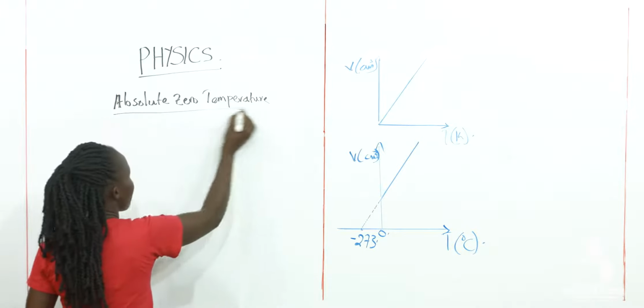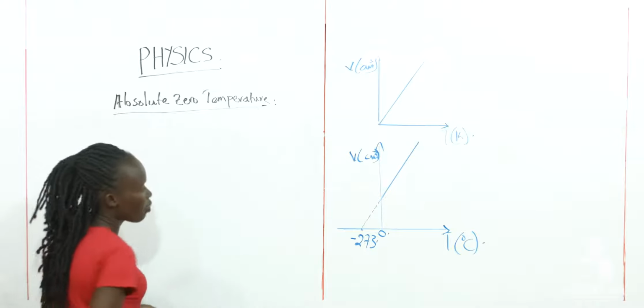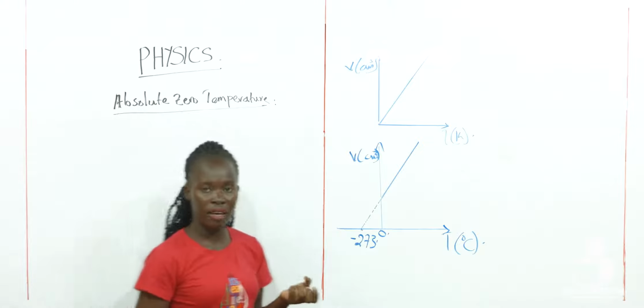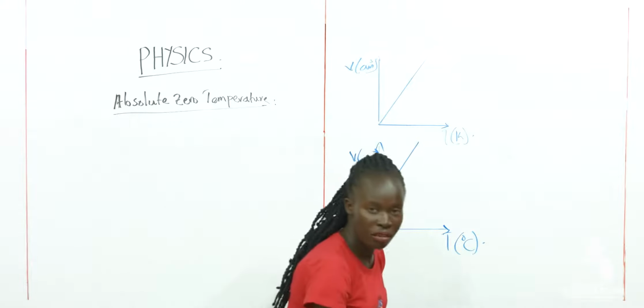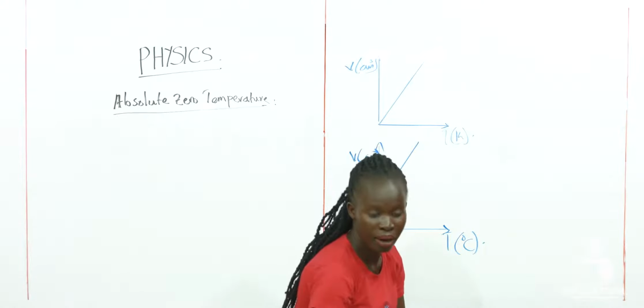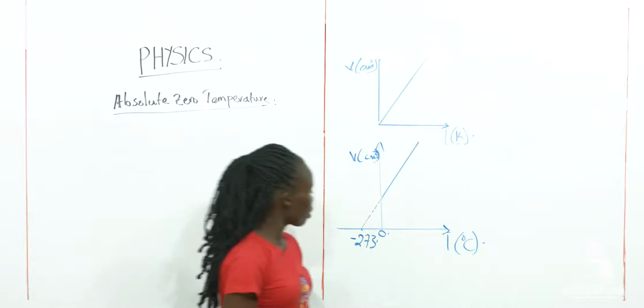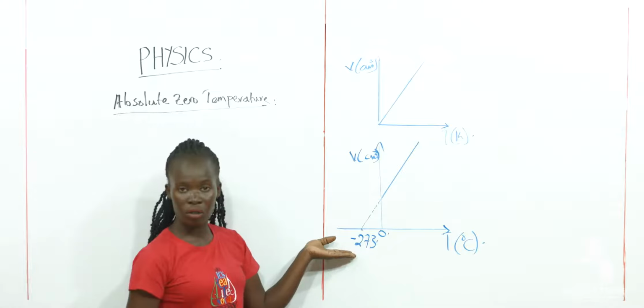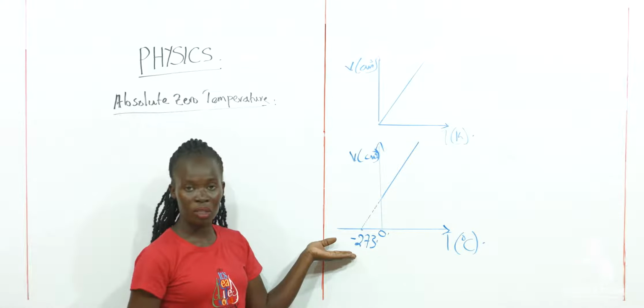What is this absolute zero temperature, and why is it that when you're using the Celsius scale, you do not get a straight line from the origin, but instead you get what is known as the absolute zero temperature?